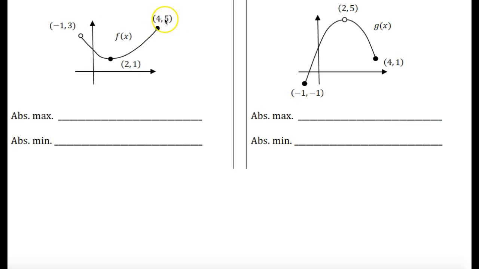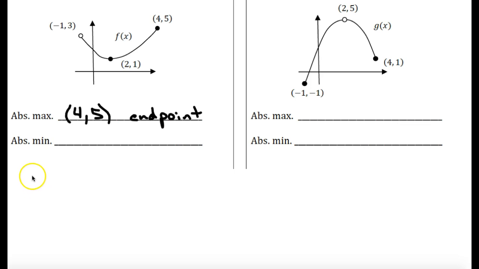When we're talking about highest or lowest, we're looking at the y value. So here, 5 is my highest y value. So the absolute max is at the point (4, 5). Let's make a little side note that that occurred here at an endpoint.